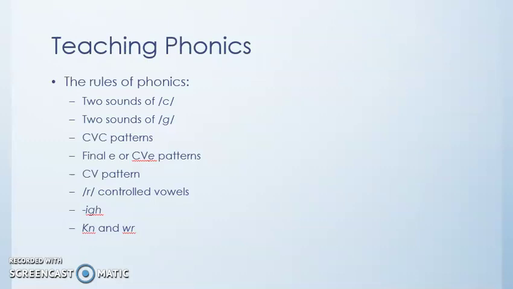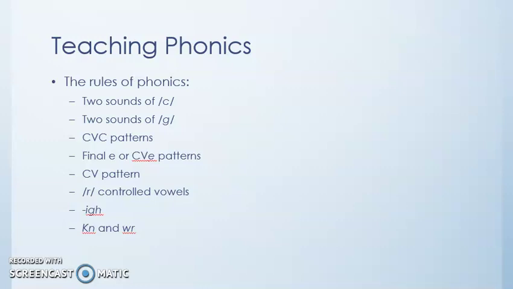So you should probably also know some of the most important or useful rules of phonics. When you are teaching reading and writing, it's important to have a good grasp of these rules. There's a great chart in your textbook on page 121 that talks about the useful rules of phonics.